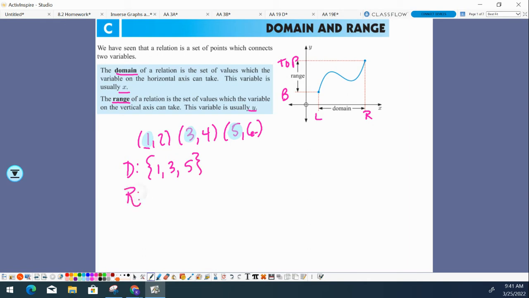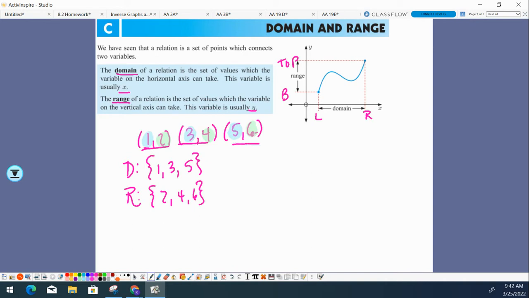You can list your range as the Y values. So when they're listed, you can see the actual numbers.